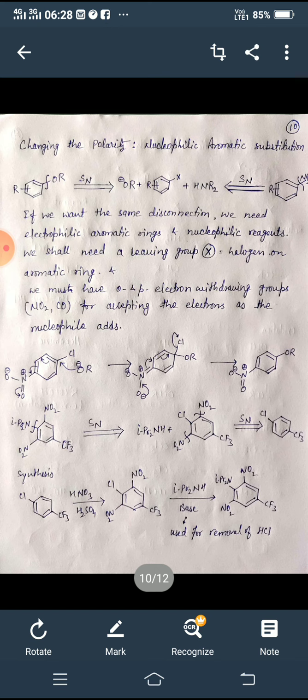And we shall need a leaving group on the benzene ring. Here we are taking an example of halides as a leaving group on the aromatic rings, and also we must have ortho-para electron withdrawing groups on the benzene ring, because the electron withdrawing group accepts the electron while the nucleophile attacks the benzene ring.